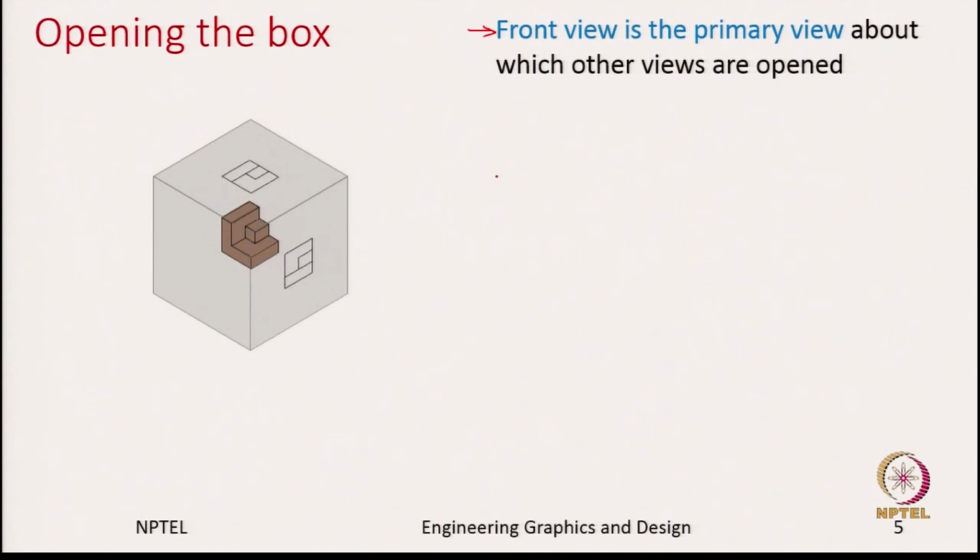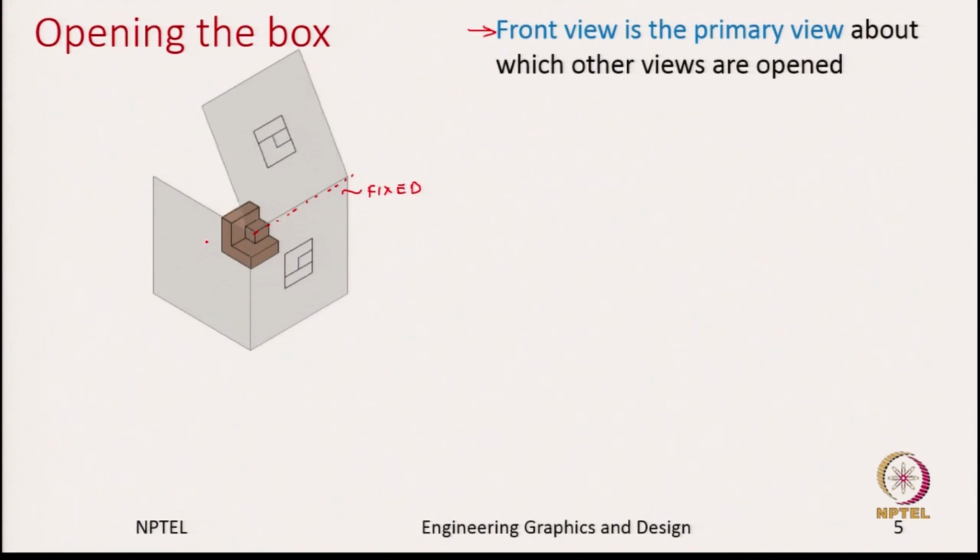We said that the front view is primary and we are not moving it, which means the front view is fixed. Now, the top view we have captured needs to be opened. How do we open it? We open it about the edge which matches the frontal plane and the top plane. So, about this edge I will rotate it.